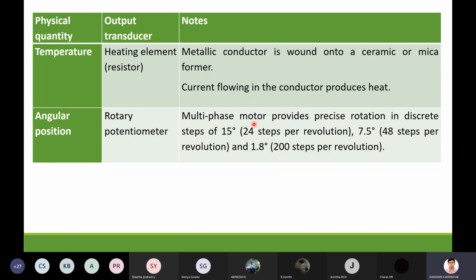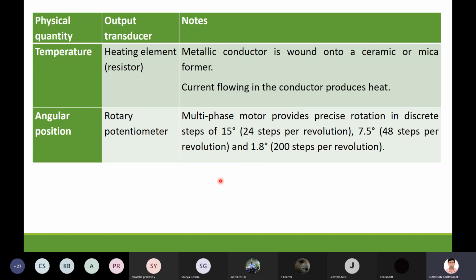For example, your fan regulator. You have speeds 1, 2, 3, 4, 5. If you keep the regulator at number 1, your fan speed is very low. If I keep increasing the regulator, 1, 2, 3, 4, 5, it will increase your fan speed.